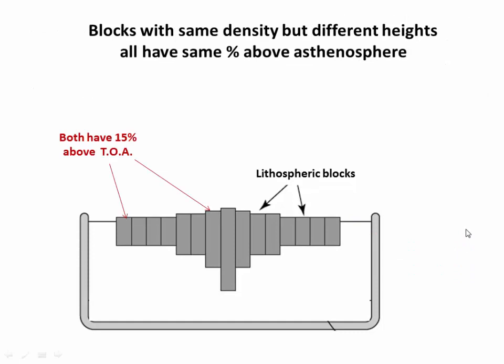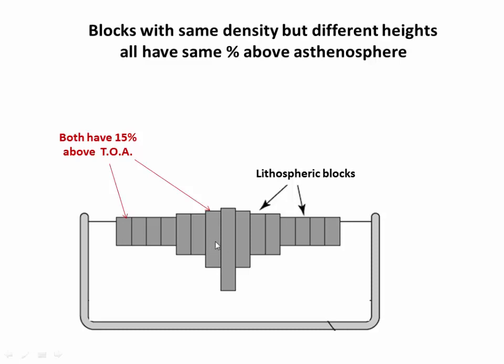So a few intuitive points before we get started on the math. One point is that blocks with the same density but different heights will still have the same percentage of the block above the top of the asthenosphere. So we see that here. This block is roughly half the thickness of this block, okay?